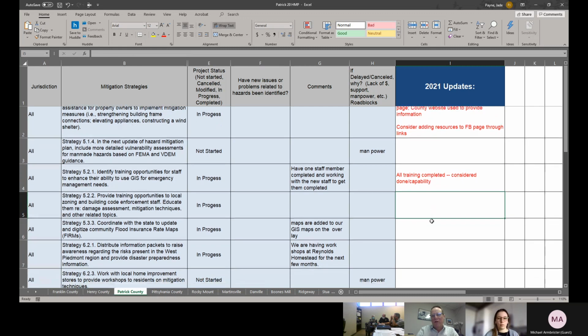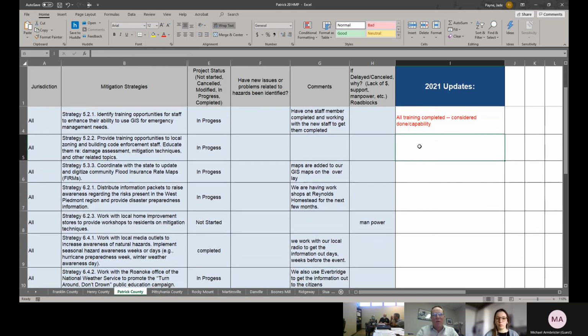Yeah, that's sort of the purpose of this exercise, identifying the ones that you want to tweak or make different, or if you think it's completed. There's going to be two tables in the new plan. One is going to show everybody's 2016 strategy and what the disposition is. A lot of them will be carried over into the new 5-year strategy.